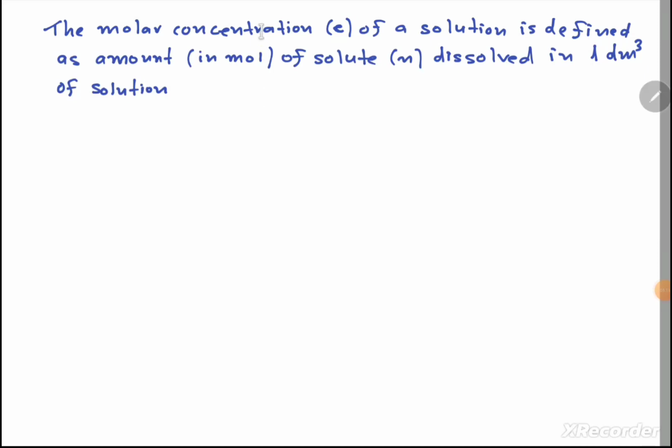We use the formula: the concentration is equal to the number of mole divided by the volume of the solution. So we have mole and dm³ for the volume, or mole per liter.